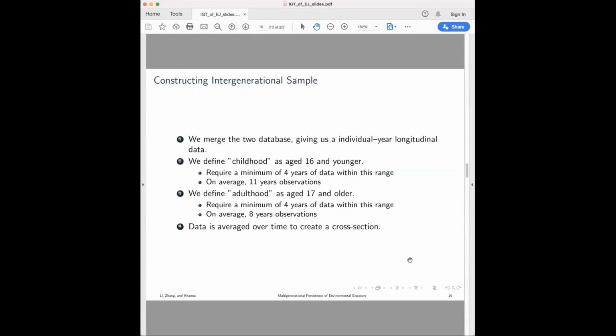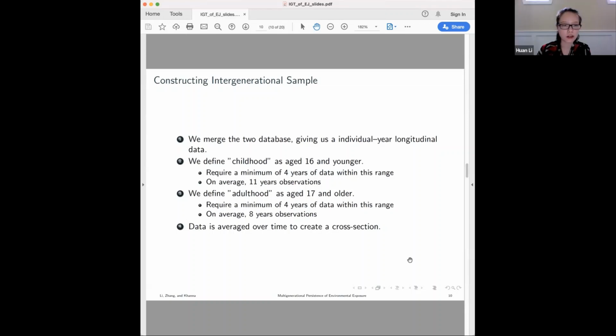But I'm wondering if some part of your adulthood measure is driven by ages 16 to 18, when they will still be living in the same neighborhood. And maybe that is what gives you the correlation between childhood and adulthood, right? But since the average age is around 40, maybe this is trivial because it's not a large portion of your adulthood sample. I just wonder if that's any concern at all.